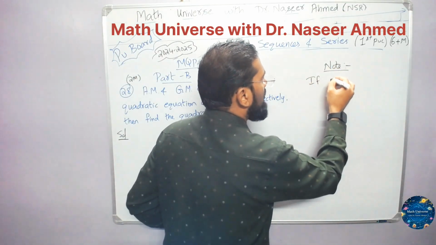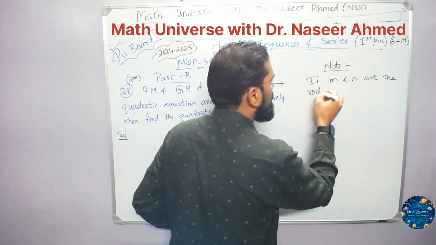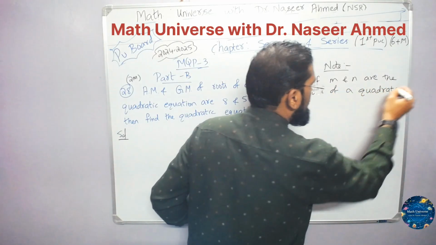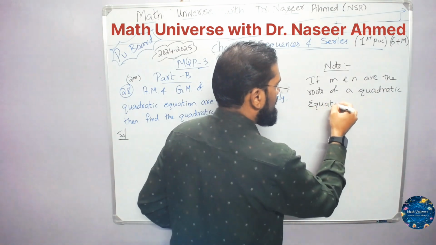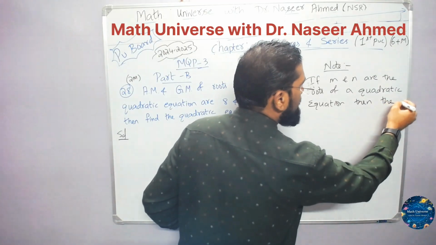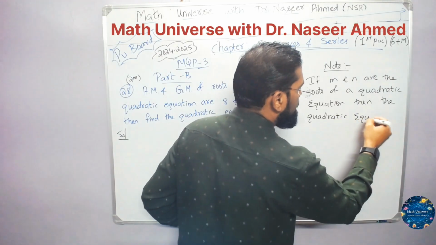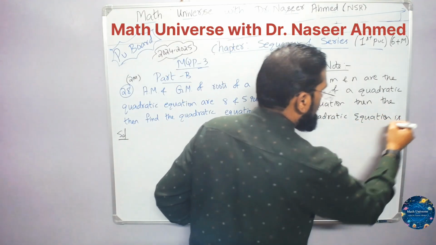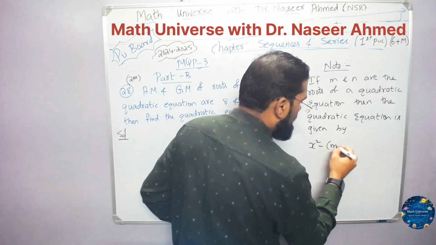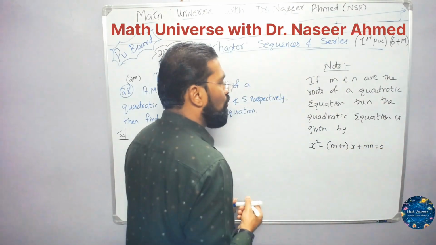If m and n are the roots of a quadratic equation, then the quadratic equation is given by x square minus sum of the roots into x plus product of the roots is equal to 0.